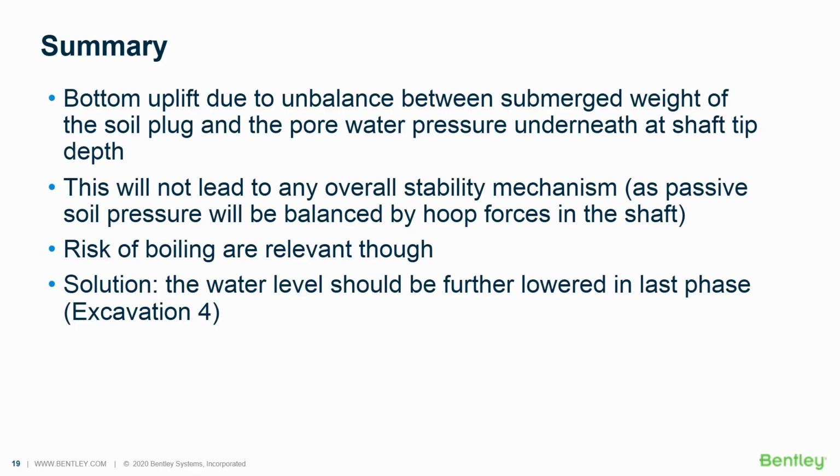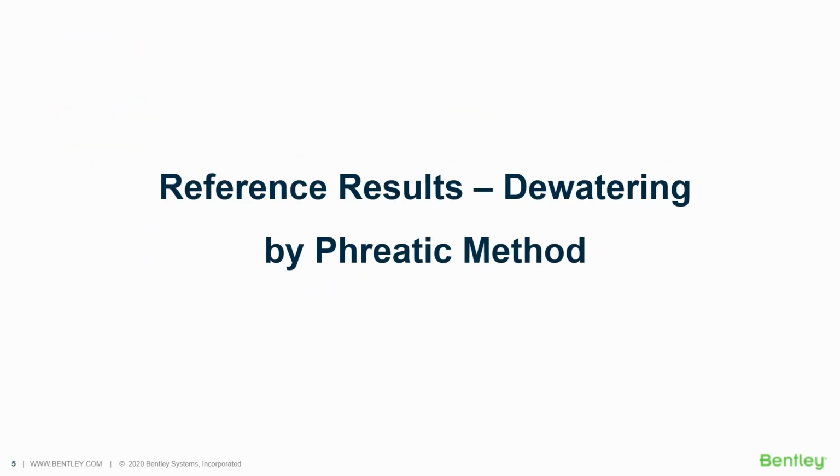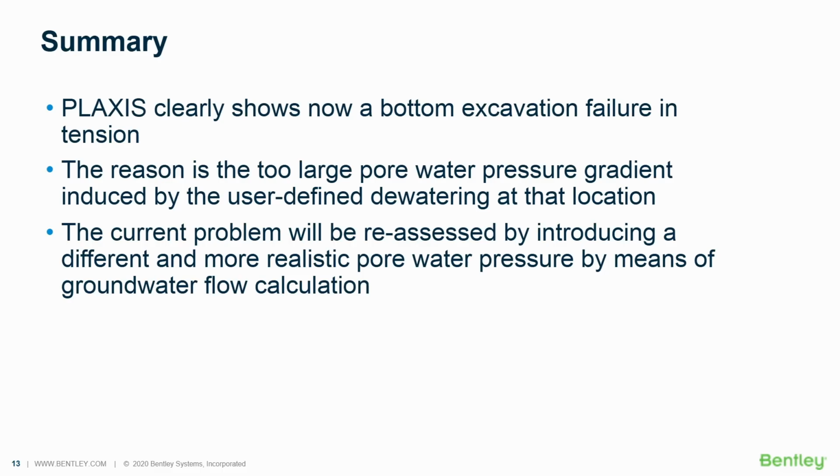So this will maybe not lead to an overall stability mechanism, but the risk of boiling is completely relevant here, and this is what will happen. No, this is for the groundwater flow. I'm really sorry for that. So let me go back to the first model first. I was talking about the second model.